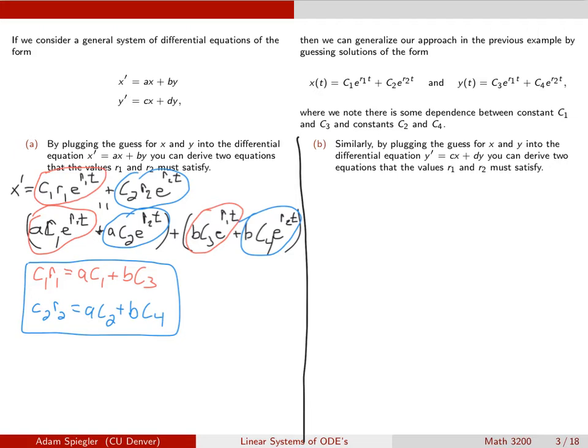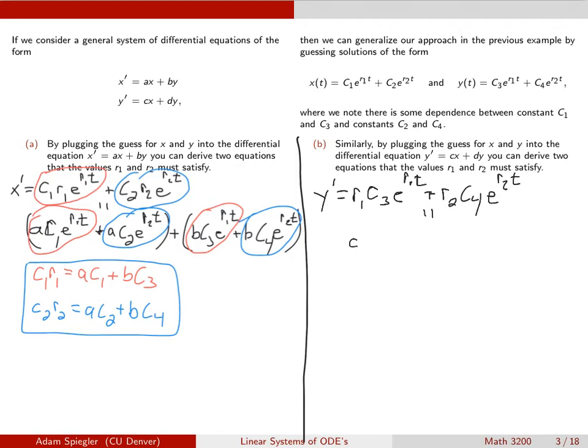So again, if y is equal to c3 e to the r1t plus c4 e to the r2t, then y prime we get by applying the chain rule, and we would get r1 c3 e to the r1t plus r2 c4 e to the r2t, and all of that is going to have to equal c times x.